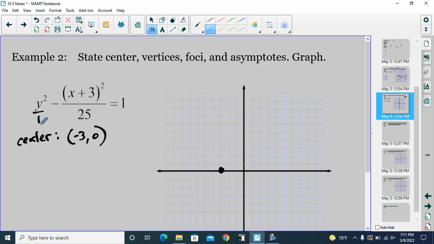Square root of 1 is 1 under the y's, so I go up 1 and down 1. Those are my vertices. -3, 1, and -3, -1.